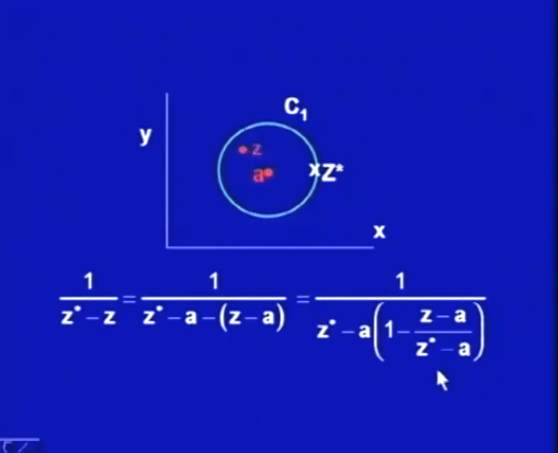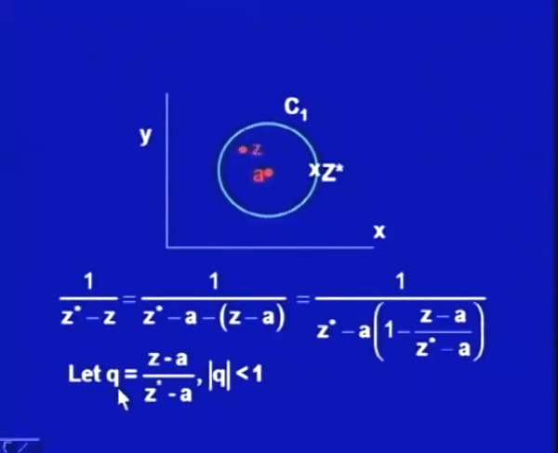Now, here z is the point inside the circle and z* is on the boundary. That means the distance |z minus a| is less than the distance |z* minus a|.